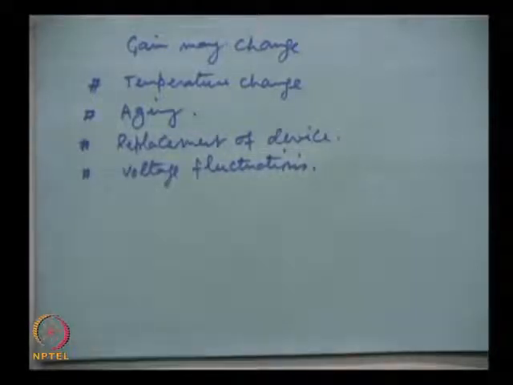The cause of the variation is immaterial, it is not important for us. We simply say that some characteristics of the transistors change, the cause of change is not significant, and we will design a circuit by incorporating feedback so that proper design of the circuit takes care of all kinds of variations, and that we will show you soon.